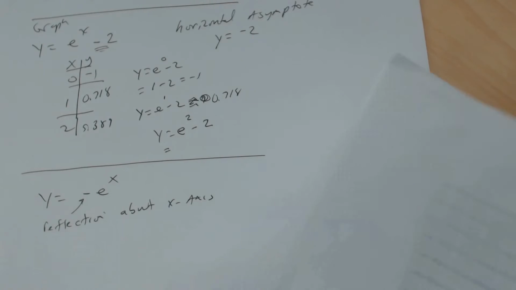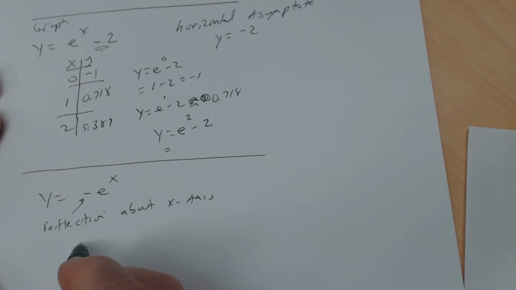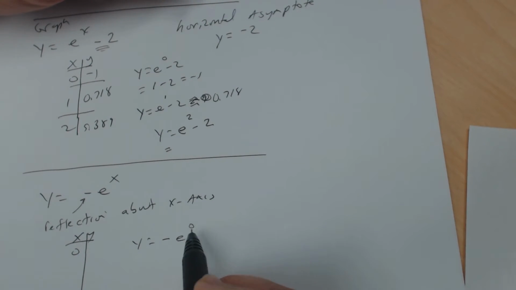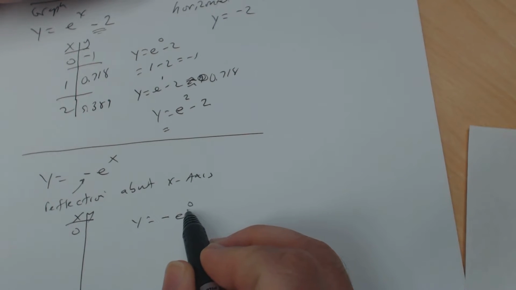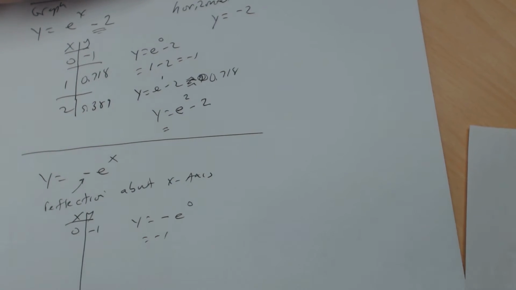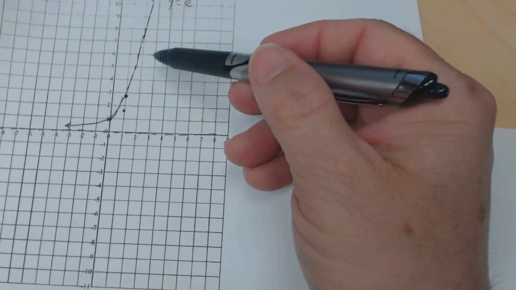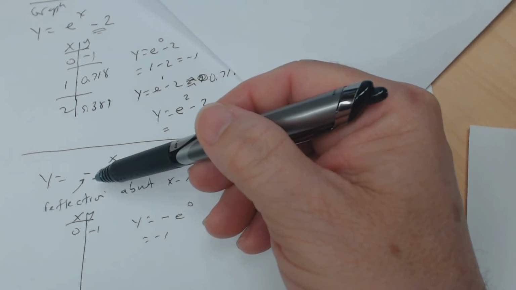So, do a t-table. If x is 0, I get y equals negative e to the 0 power. e to the 0 is 1, so this becomes negative 1. That should make sense because this point here, 0, 1, when I graph this, I'm reflecting about the x-axis.